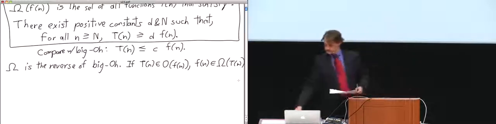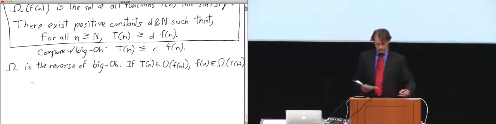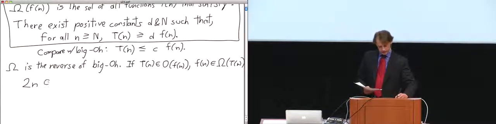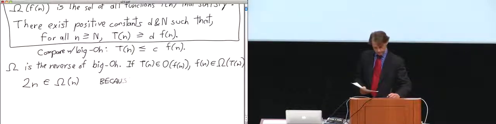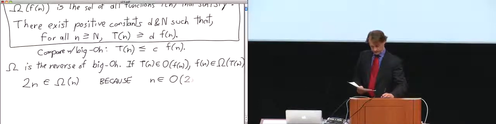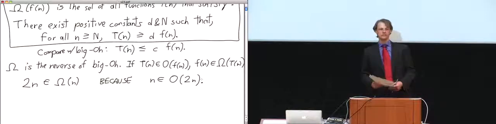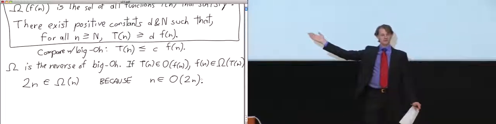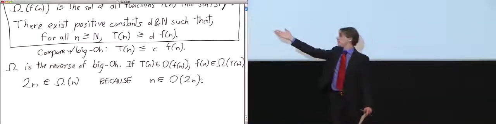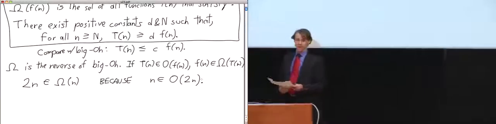And so, for instance, we can say that the function 2n is in big omega of n. And the reason we can say that is because we know that n is in big O of 2n. So the function 2n grows at least as quickly as n asymptotically.